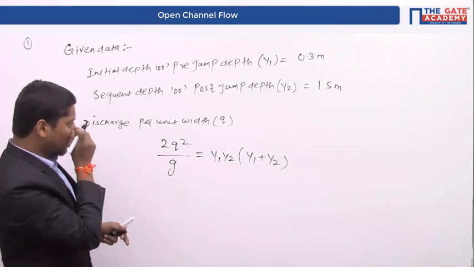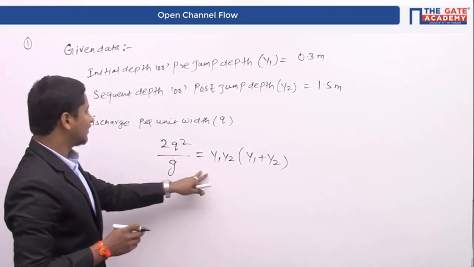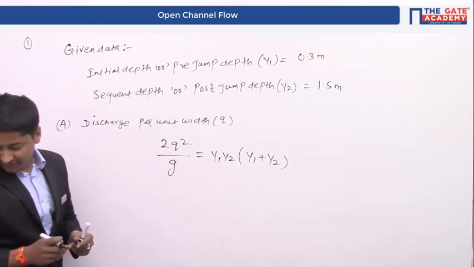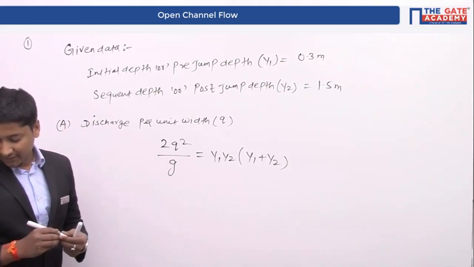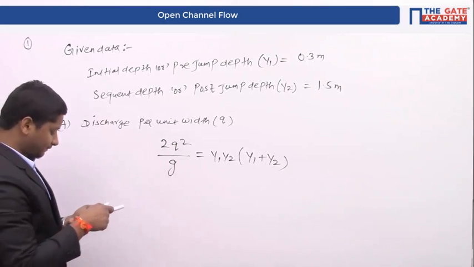This is one of the important formulas for a hydraulic jump in a rectangular section. The channel here is rectangular, so we can use this formula to find q.